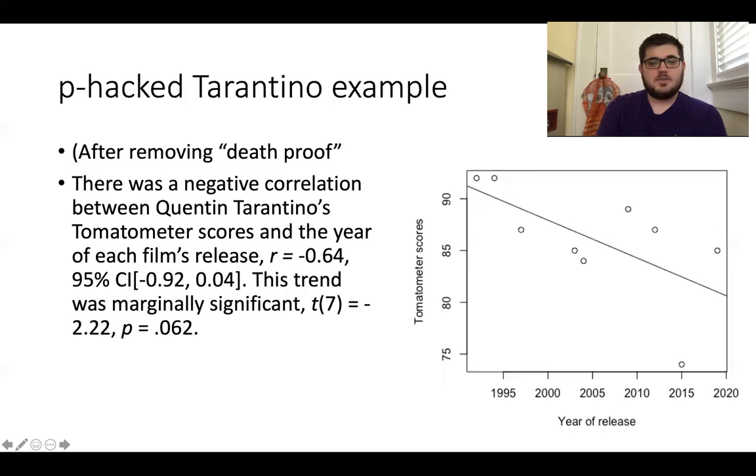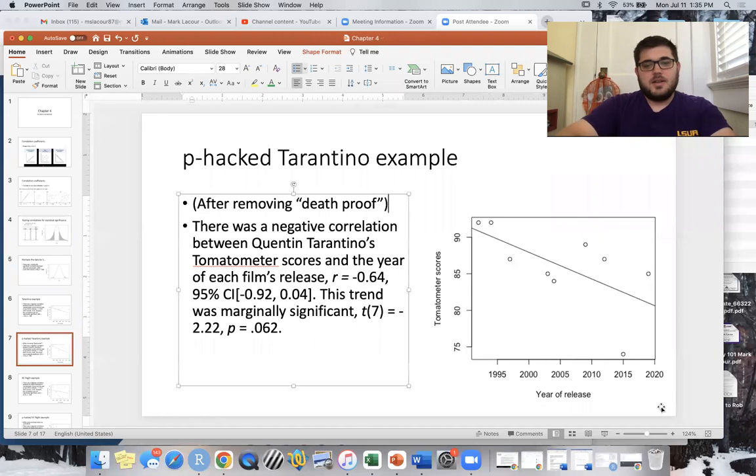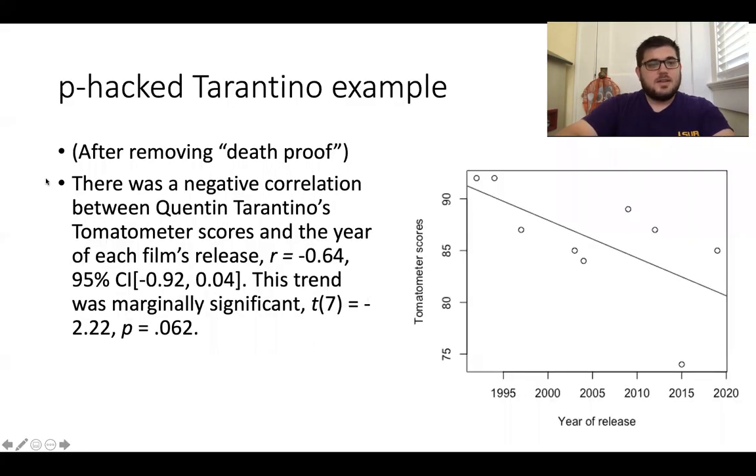Now, if I do something called p-hacking, what's p-hacking? Well, you want your p-value to be less than 0.05 because then you have a statistically significant result. And even today, there is a bias in academic and research publishing, where if people don't see a statistically significant result, then they think it's not interesting enough to publish.